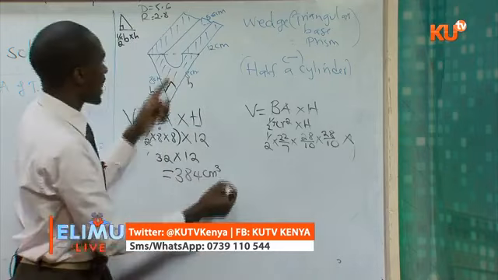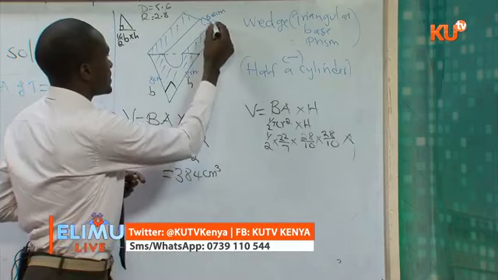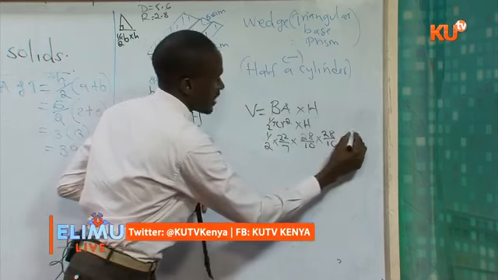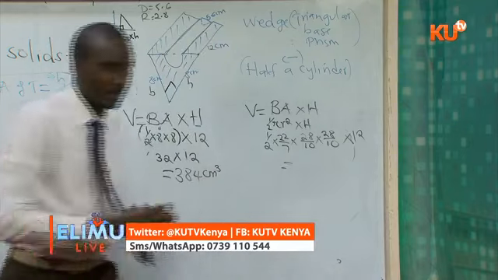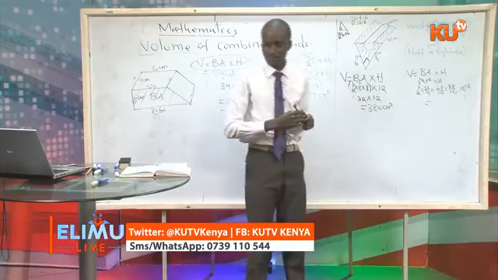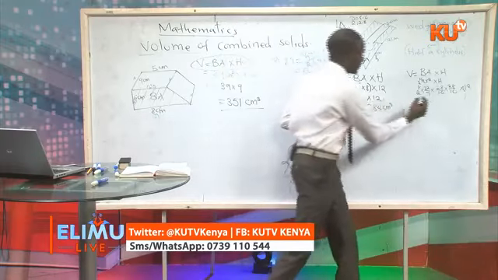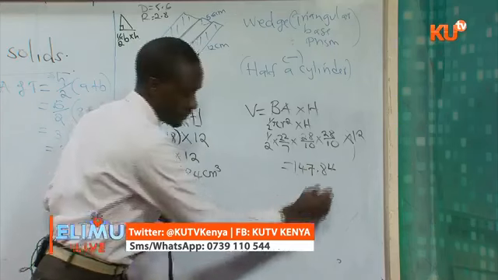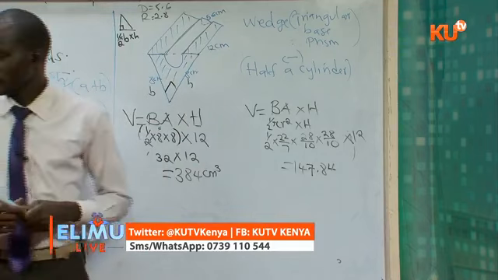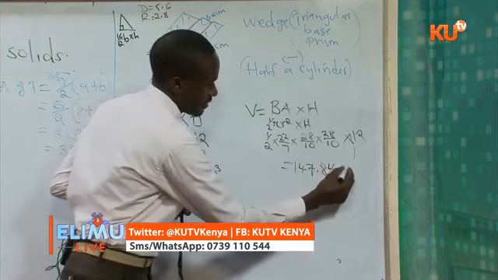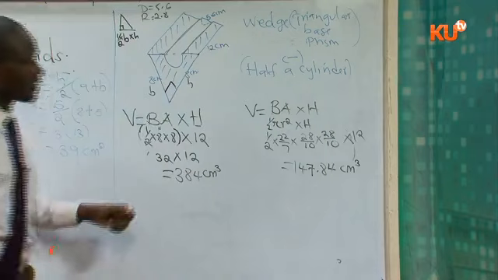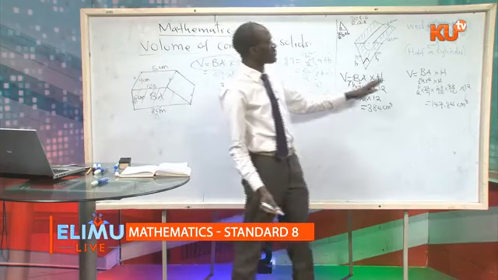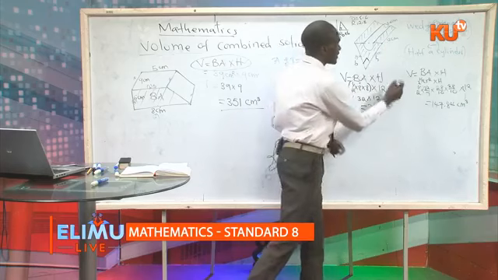Then times height, which is still the same, 12. That gives us 147.84 cubic centimeter.